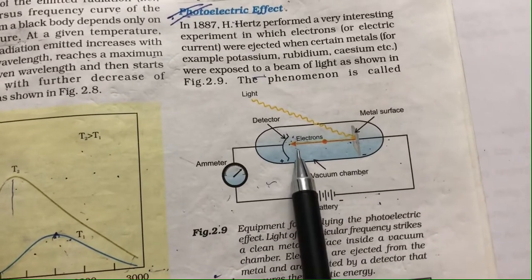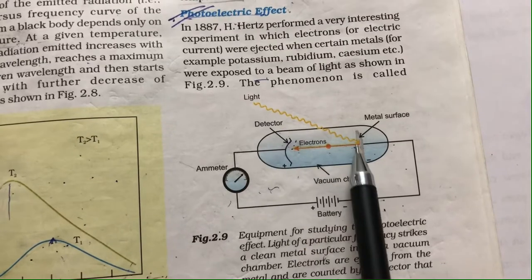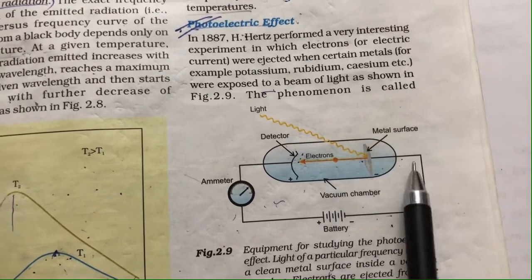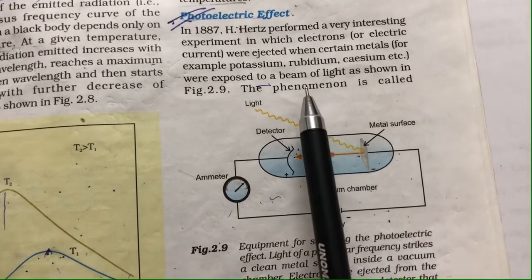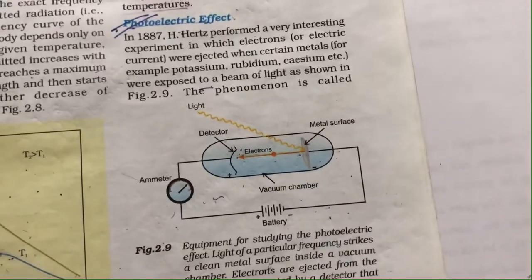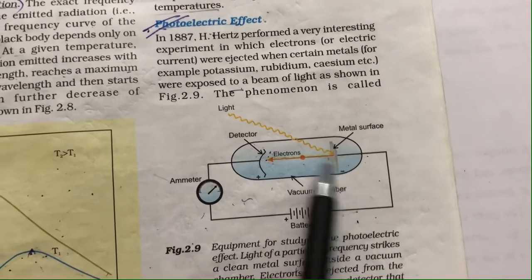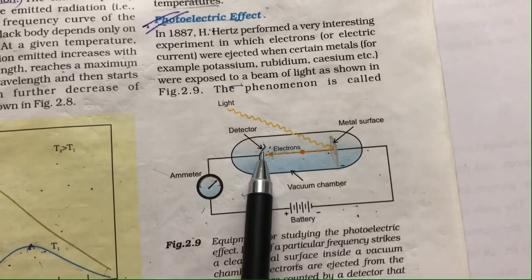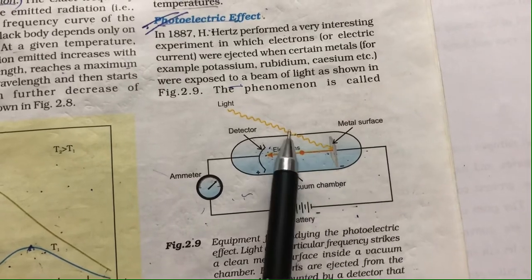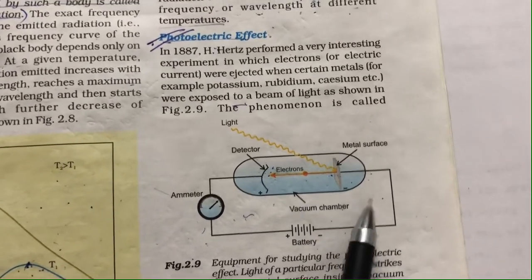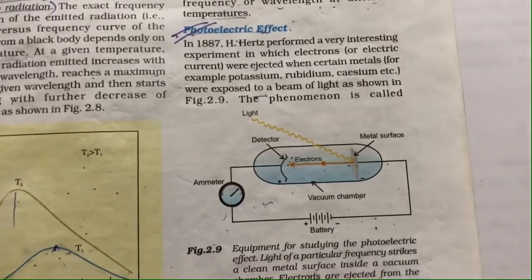And this is happening on incidence of light radiation, so that's why this is known as the photoelectric effect, because on falling of light radiation on any metal surface, it will emit electrons, that is the emission of photoelectrons we can say. Clear? So this effect is known as the photoelectric effect.